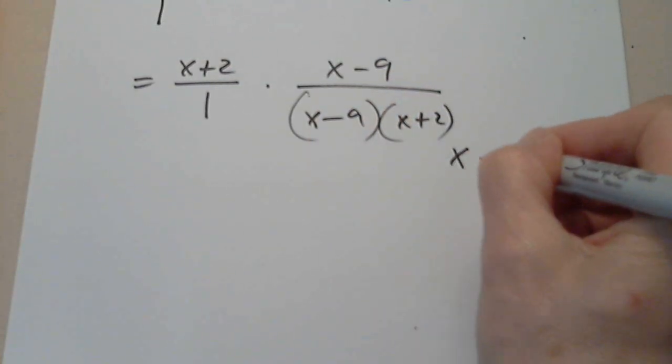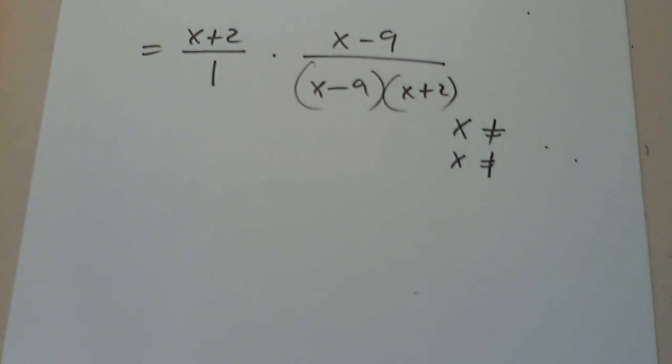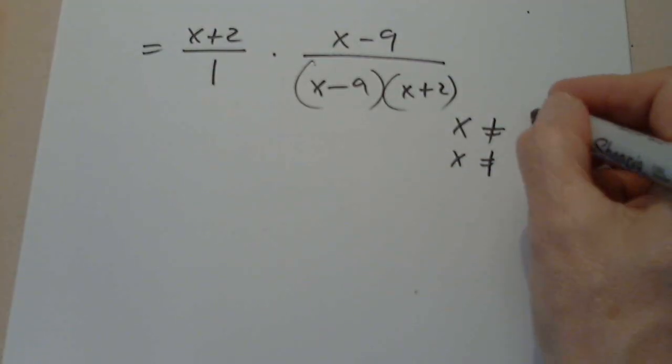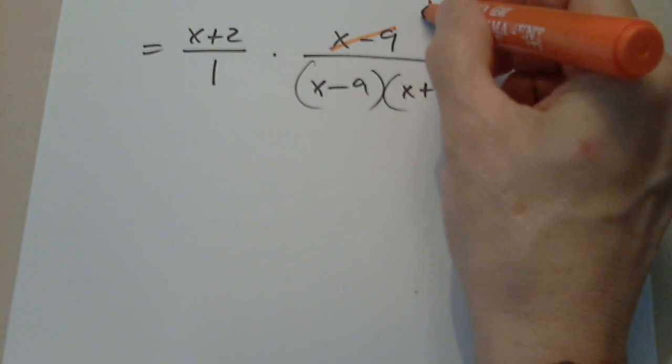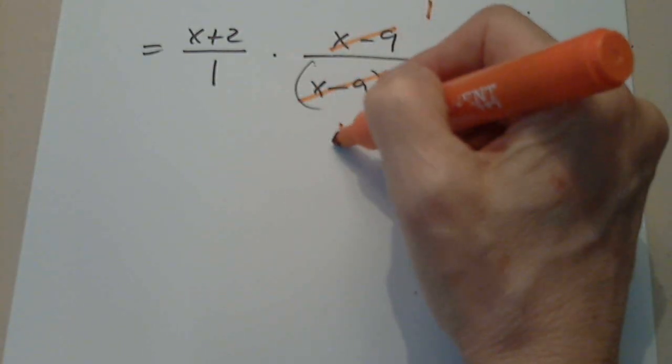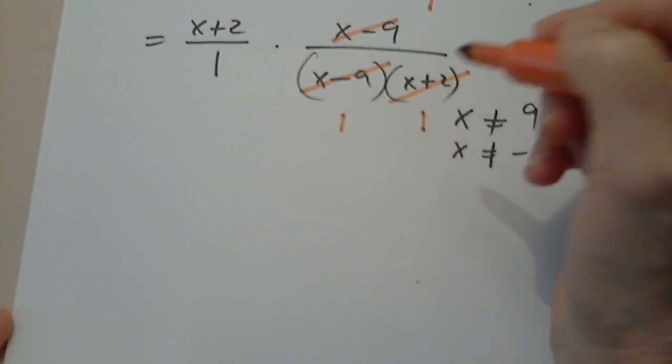We cannot simplify before we state restrictions. 9 and negative 2. And now we're ready to simplify. So, an x minus 9 from the top, we write 1, with an x minus 9 from the denominator we write 1. An x plus 2 from the top, from the bottom we write 1.